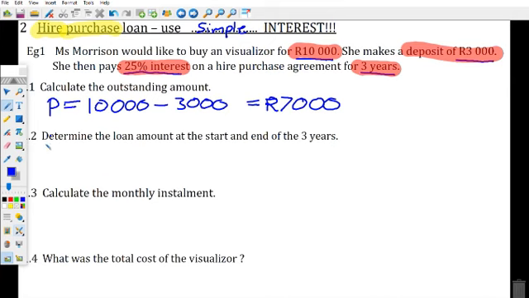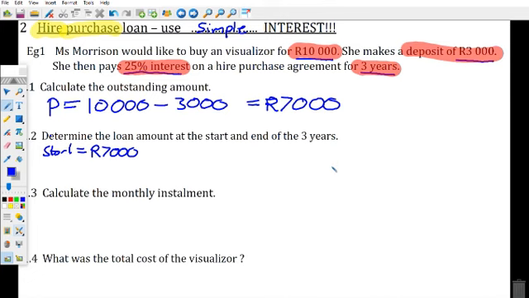So at the start, it is going to be 7,000 Rand. Now, at the end of 3 years, what has happened? You've taken out a loan, something's built onto it. Interest, exactly. She's paid interest on it. How do we find this amount she has paid afterwards? We use our simple interest formula.